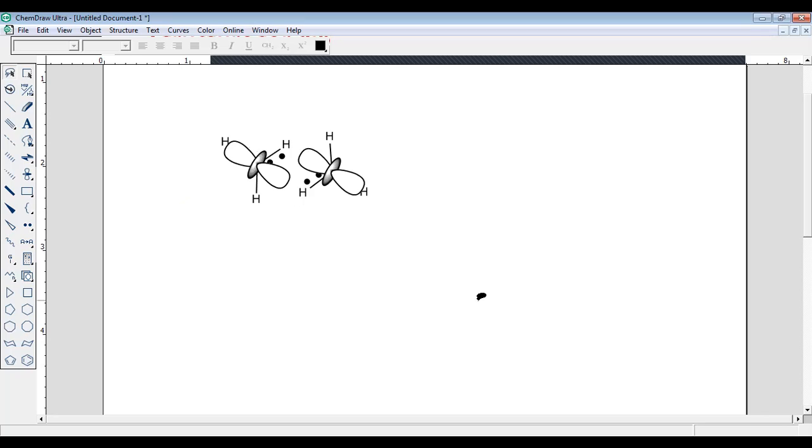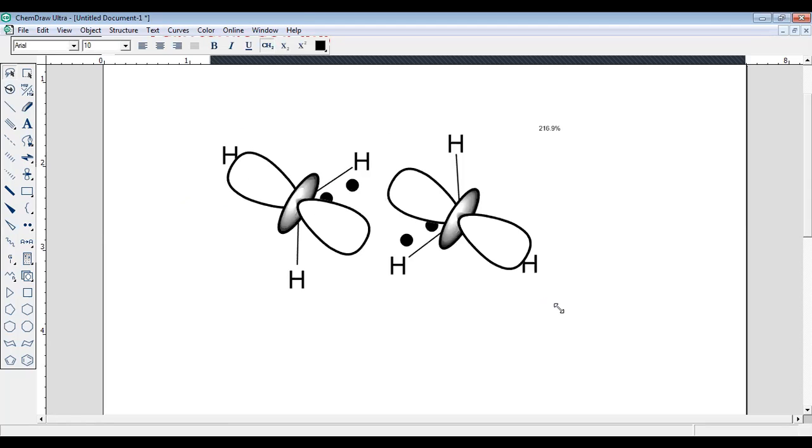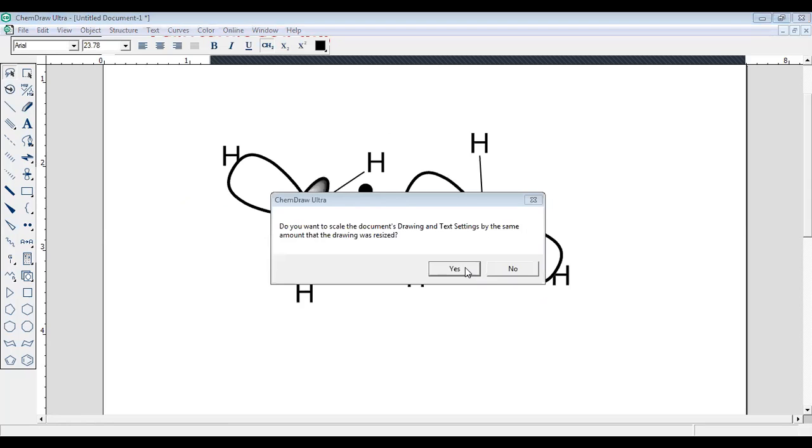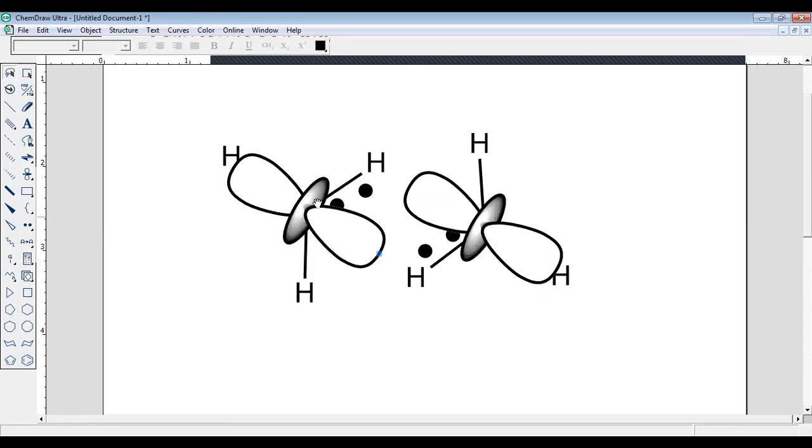So what will happen? This lone pair, which is in between this boron and this hydrogen, to understand this I can also enlarge this, no problem. So you see here, there is a boron.